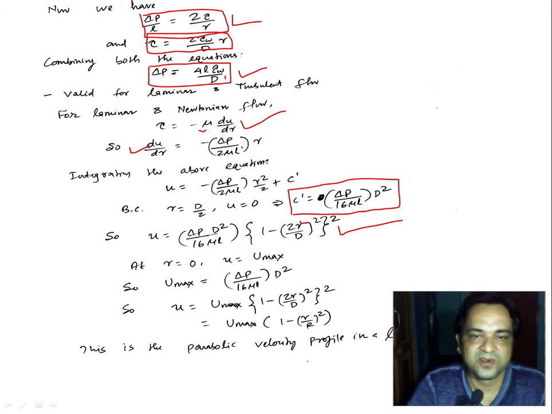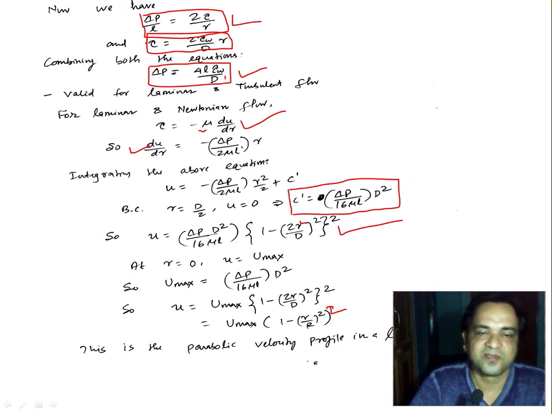So u equals u max into 1 minus r square by R square. So this is the parabolic velocity profile for a laminar flow.